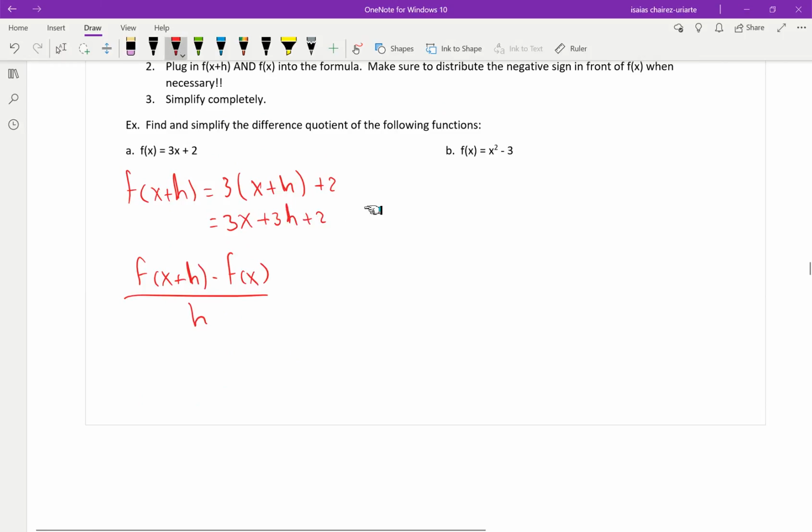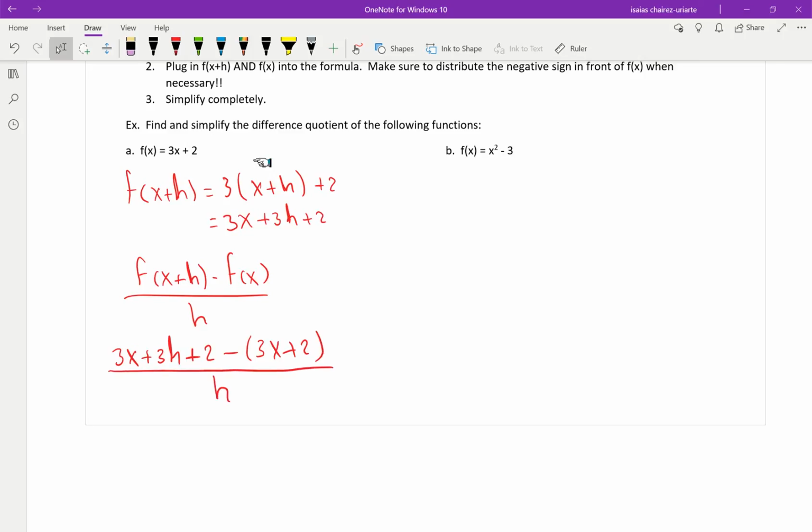So let me start replacing things. So this is going to say 3x plus 3h plus 2 minus, so there's this minus right here, and then I'm going to put a parenthesis here. And then, well, f of x is just the original function, 3x plus 2. So 3x plus 2, and all of this divided by h.